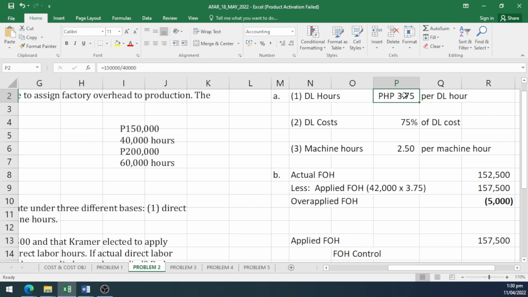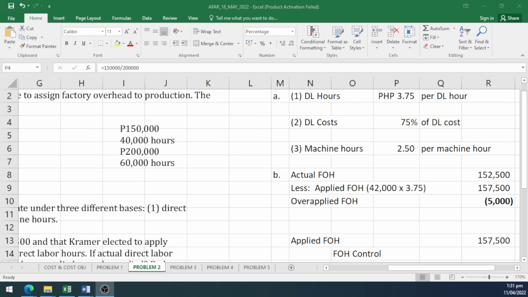For example, in number 2, DL cost, 150,000 divided by 200,000, that's 75% of DL cost. 75% ng DL cost. Okay? And based on machine hours, 2.50 per machine hour. 2 pesos and 50 centavos per machine hour.